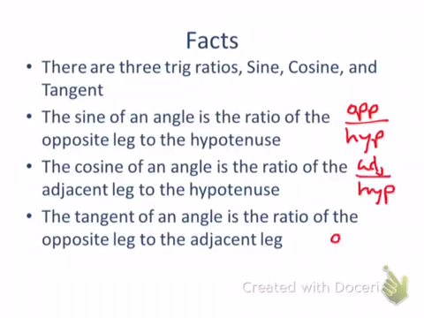And the tangent is the opposite leg divided by the adjacent leg. Any questions there? We'll talk about the calculator in just a second, but that's what these buttons are exactly.